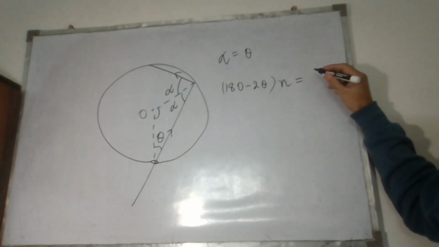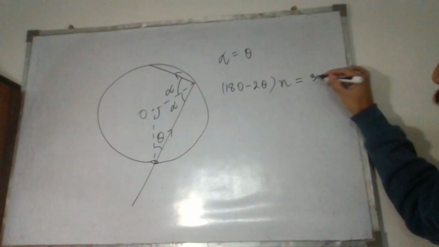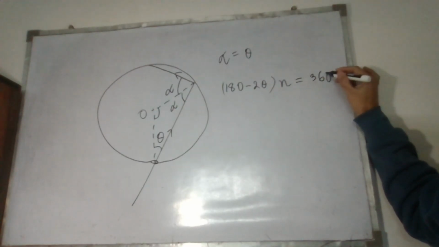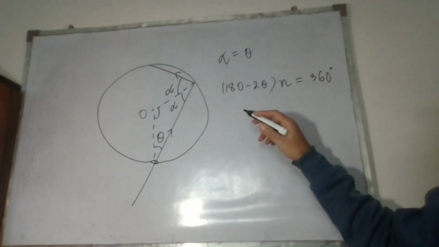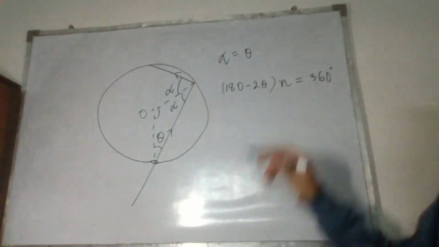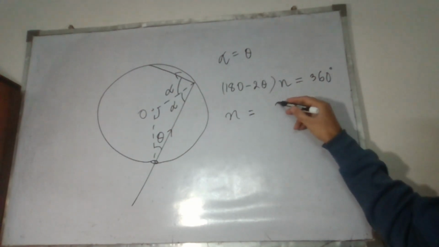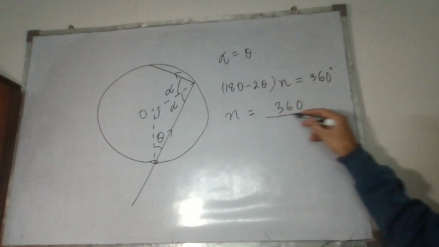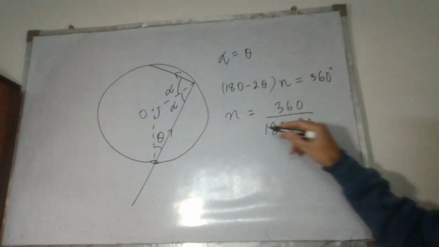So this is equal to 360 degrees. So this value we can solve for n depending upon the value of theta, but this n we can write as 360 divided by 180 minus 2 theta.